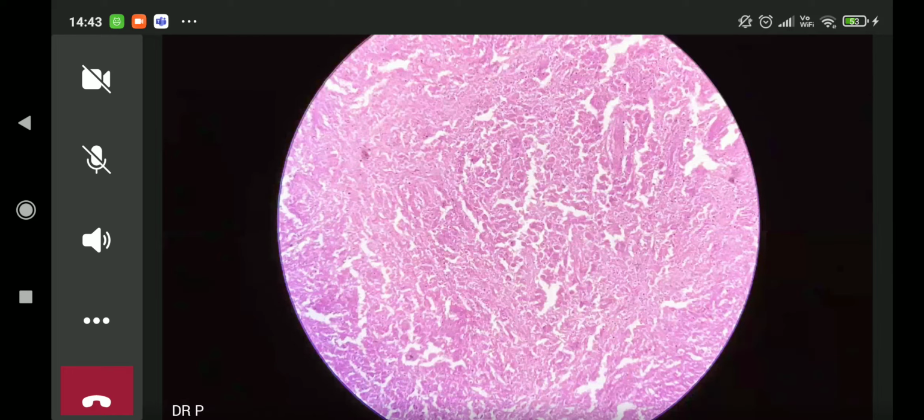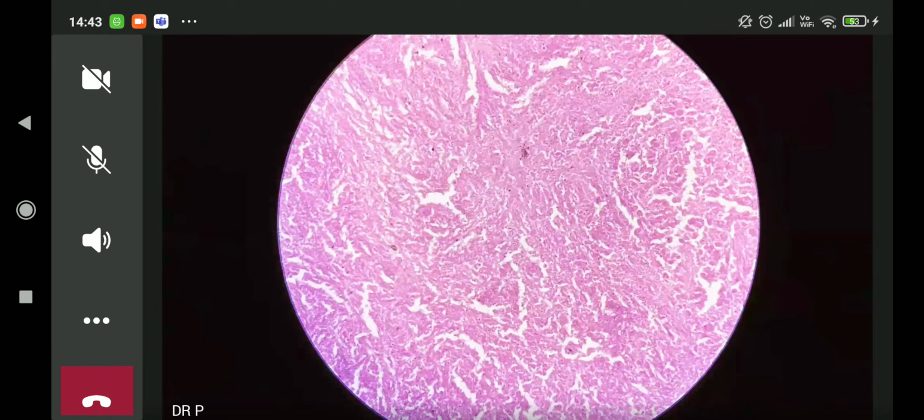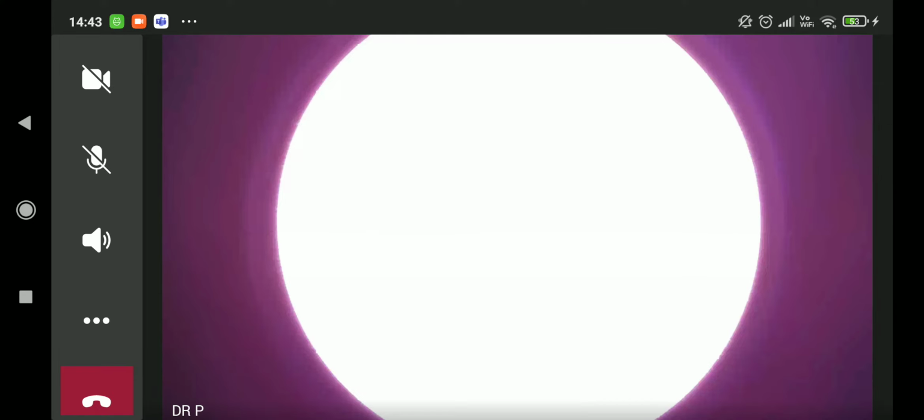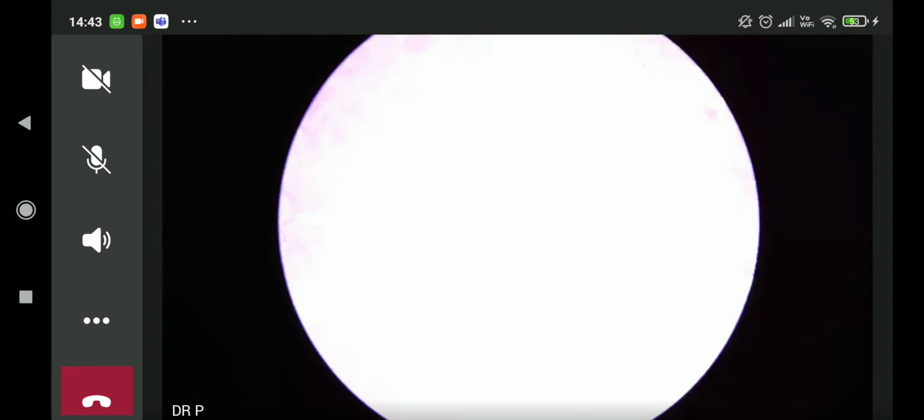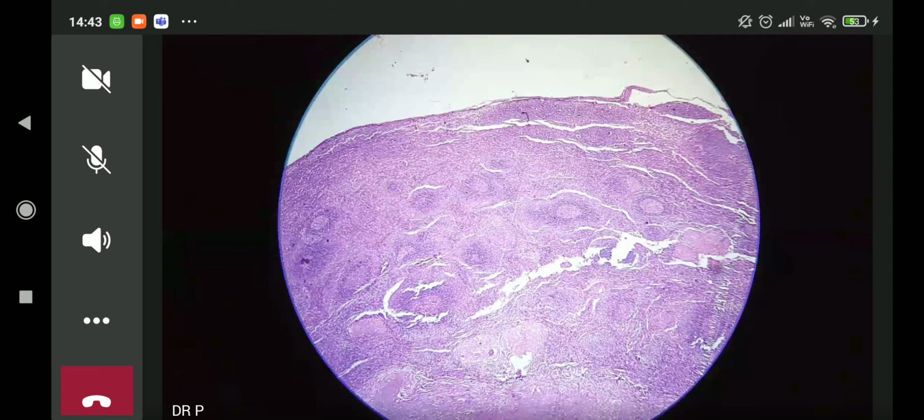Okay, so basically you have an eosinophilic deposition over here. Now, let me just go back to the lower part. So we start from the beginning. We have an organ. We have an H&E stain section. This organ has a fibrous capsule and you have various lymphoid follicles.